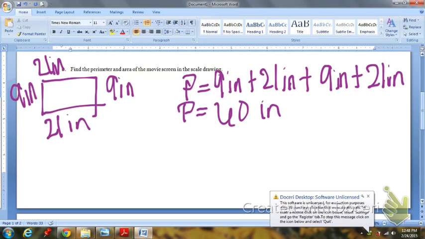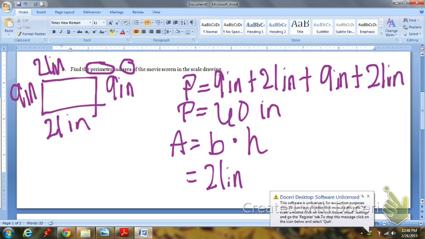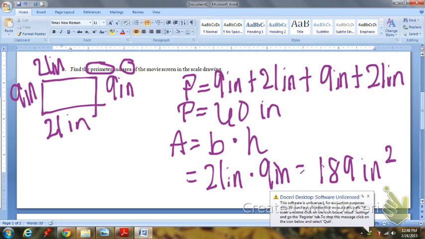Now we also need to find area because the question asks us for perimeter and area. So area is base times height, or length times width, but we're going to say base times height. So our base is 21 inches times our height, which is 9 inches, which equals 189 inches squared.